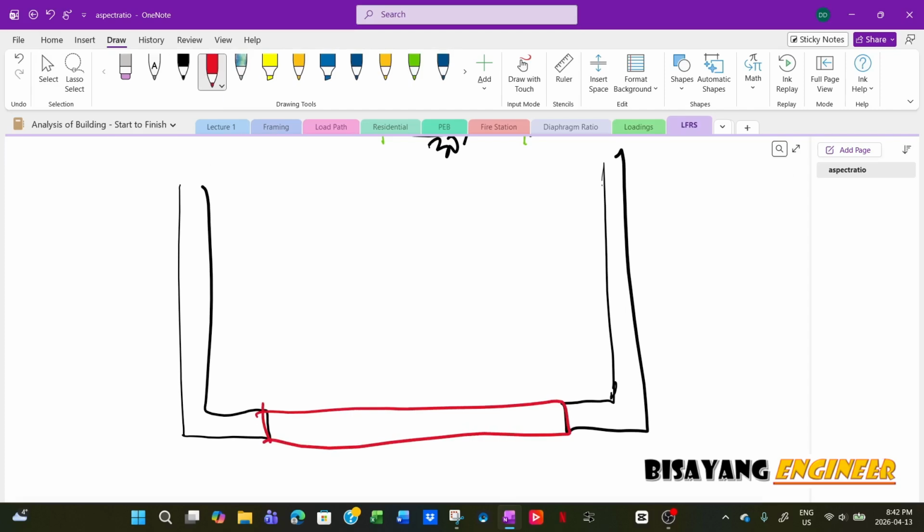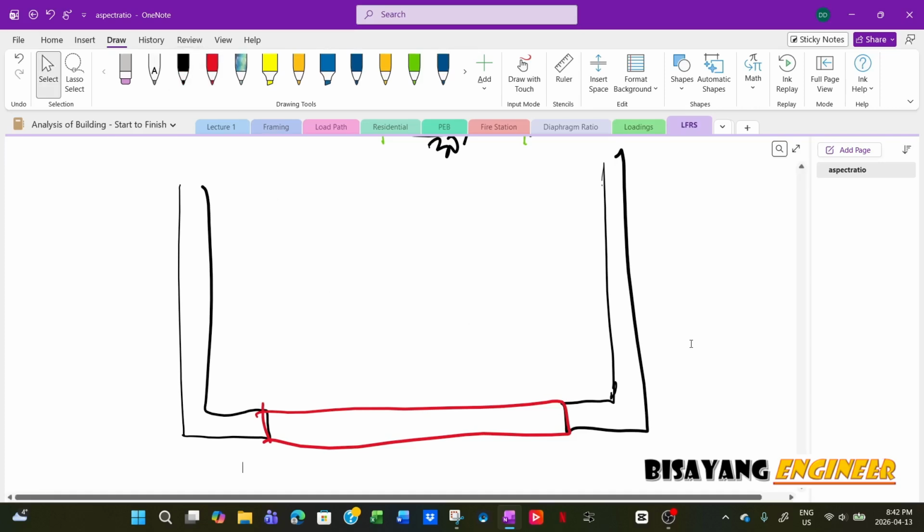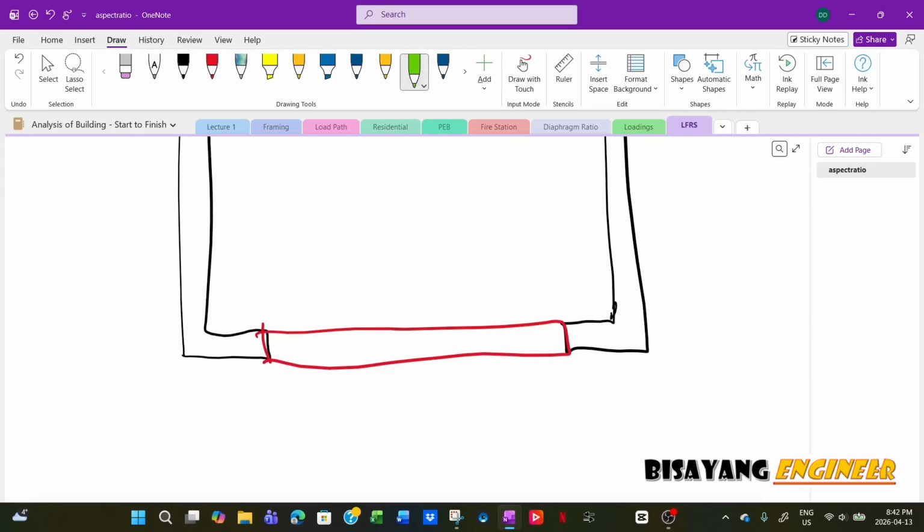I'm really bad at drafting. So portal frame is not an option because it won't work. It's too big. So what I did was I designed a wide flange column here.